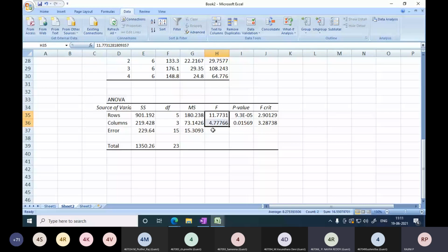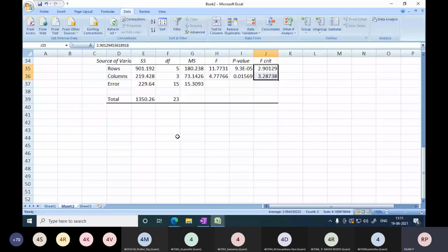You can use the same values because the F values are more than 1. If it is more than 1, there is no need to go for the recalculation of the F values. Now for the table value, this is the critical value. Can we use the same table values or do we need to recalculate the table values also? Same, ma'am. You can use the same. So here, write the conclusion.